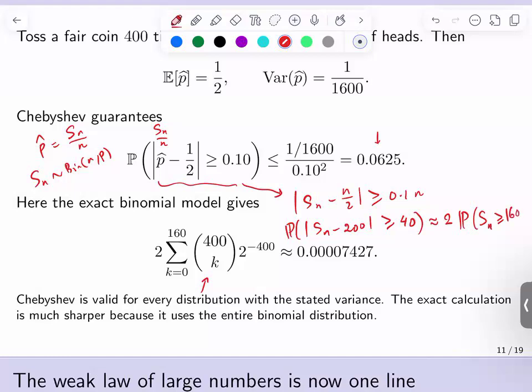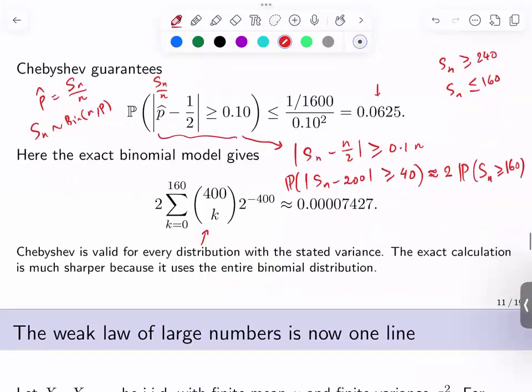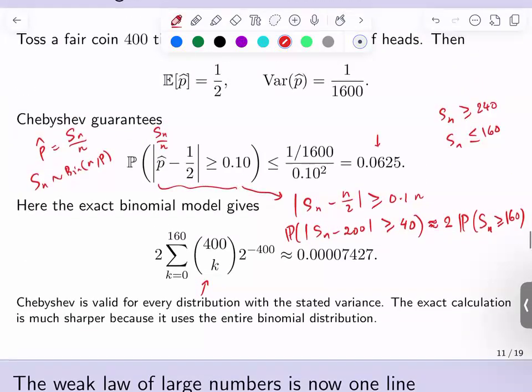This is saying basically Sn is either bigger than 240 or less than 160. Is it exact or approximate? I'll let you think about it, but most likely exact. But the probabilities are going to be the same because of a kind of symmetry.